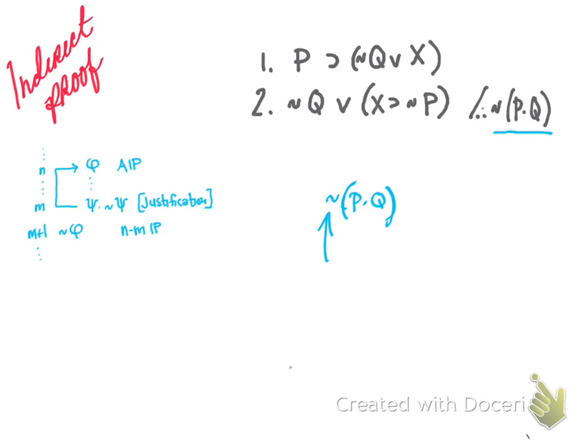But also one thing I notice is, what will my AIP be if this is what I want? My AIP will be the negation of the thing that I want. So it would be P and Q. And that's a really good AIP.